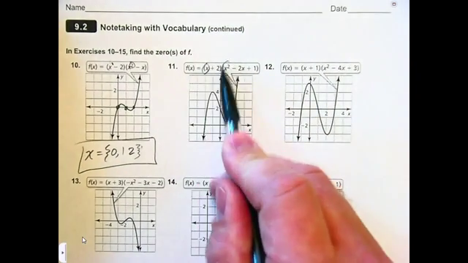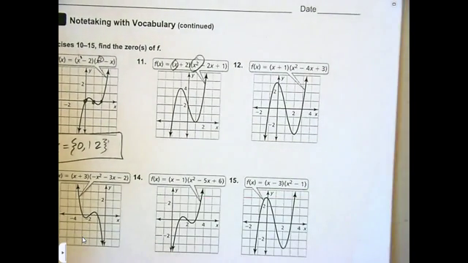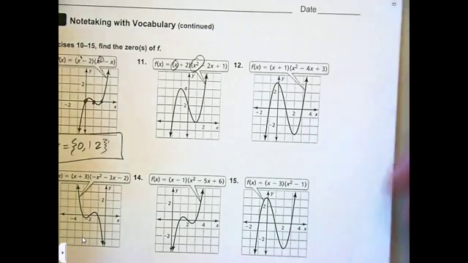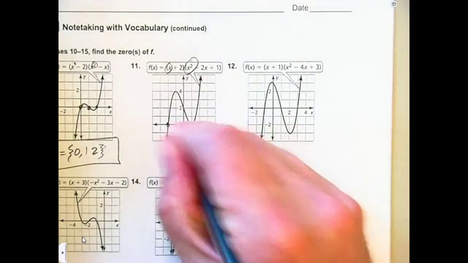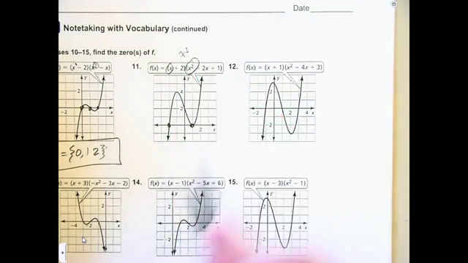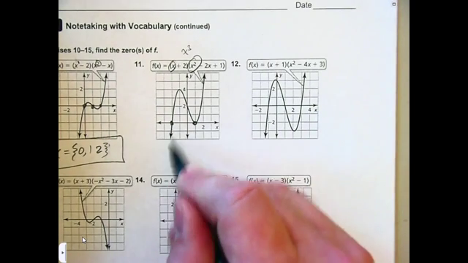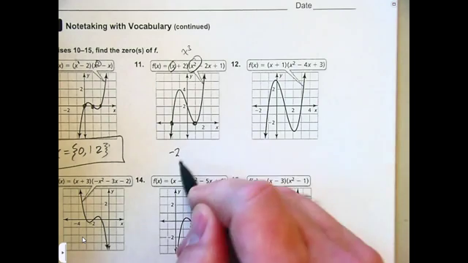Well, we have x times x squared, which would be x cubed. How many solutions are on this one, though? 2. There and there. So just because it's x cubed doesn't mean there will be 3 solutions. It means there could be at most 3. So that is negative 2 and 1.